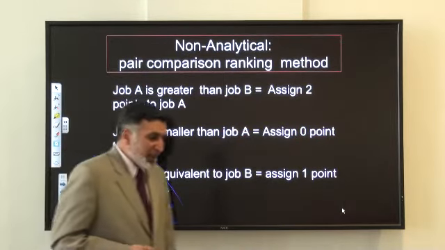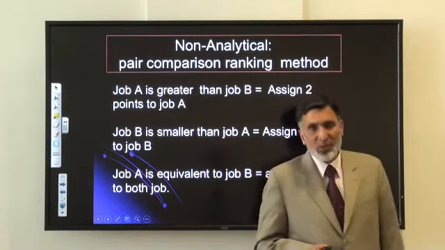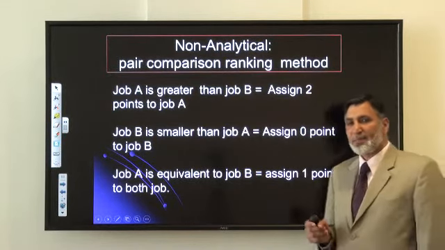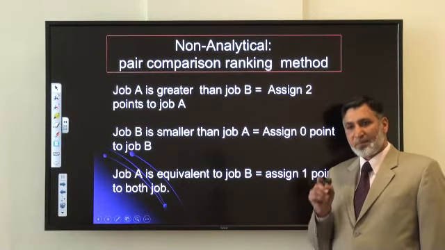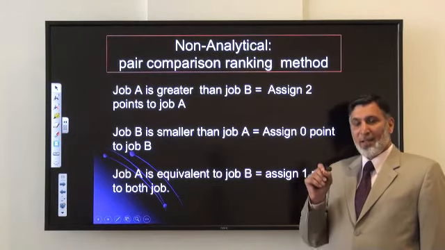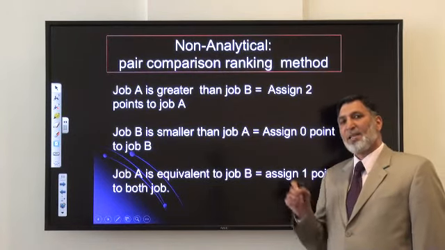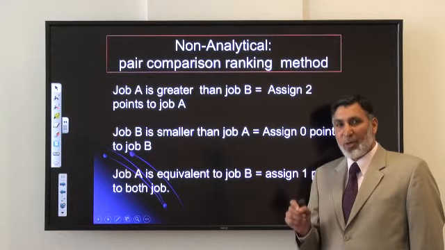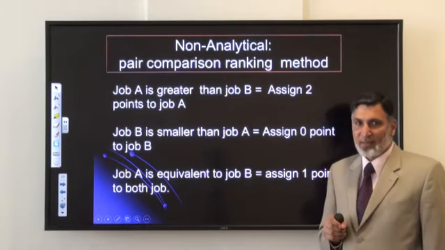Now, the pair comparison method. In the pair comparison method, there are three rules. One rule is, while comparing job to job, if job A is more important or has more worth than job B, we will assign 2 points.